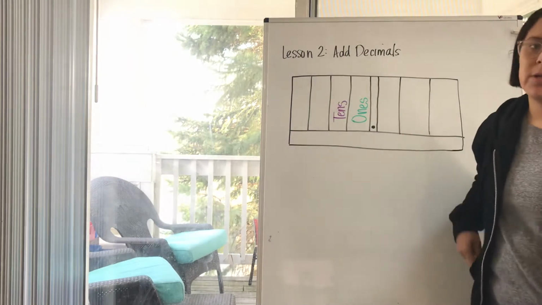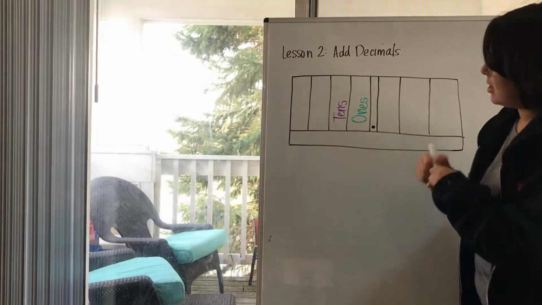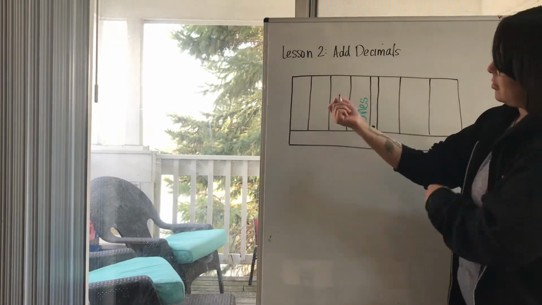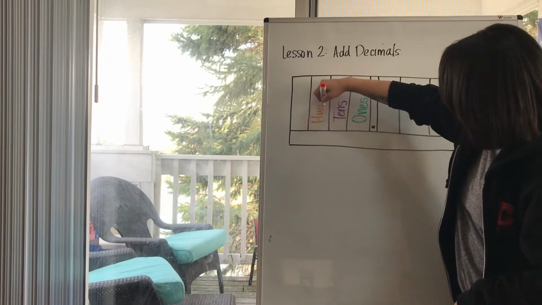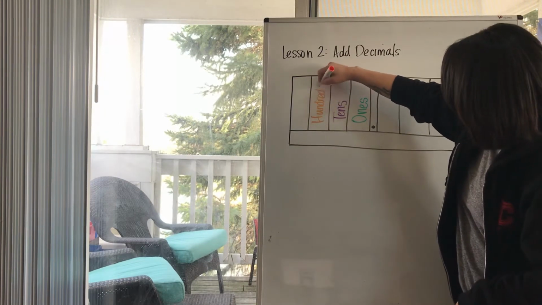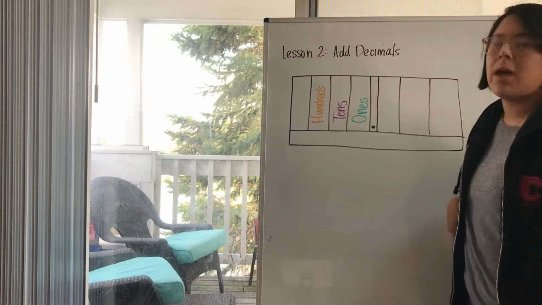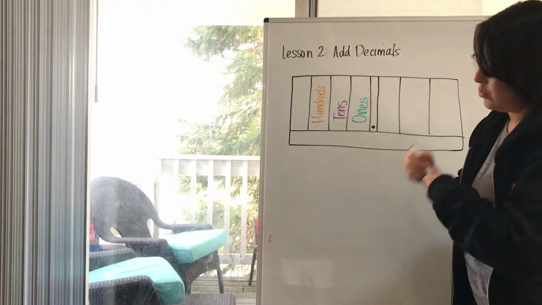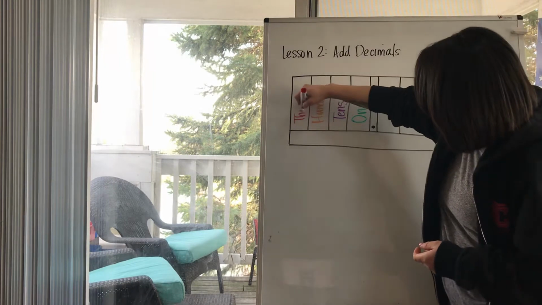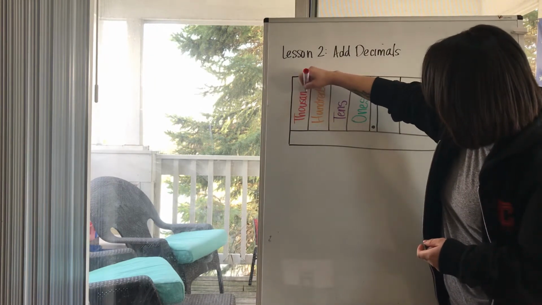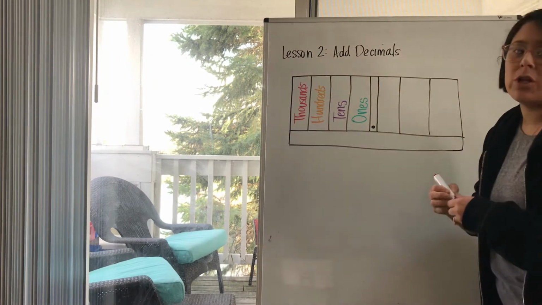Okay, and you guys already know this, plus we went over it in the beginning of the year. Tens, hundreds, and the last one, thousands. Well, last one we're going to go to, but you can keep going on and on. Okay, so you guys already know all that.